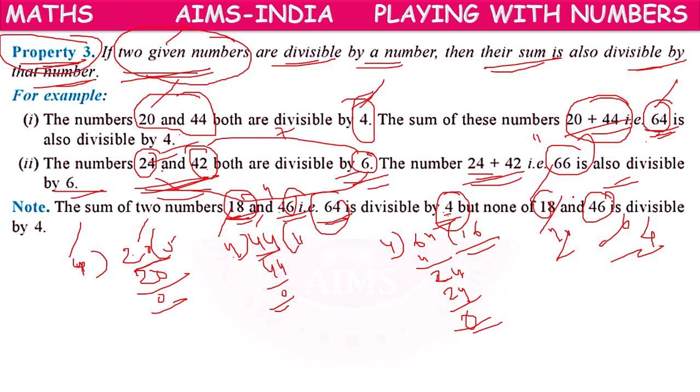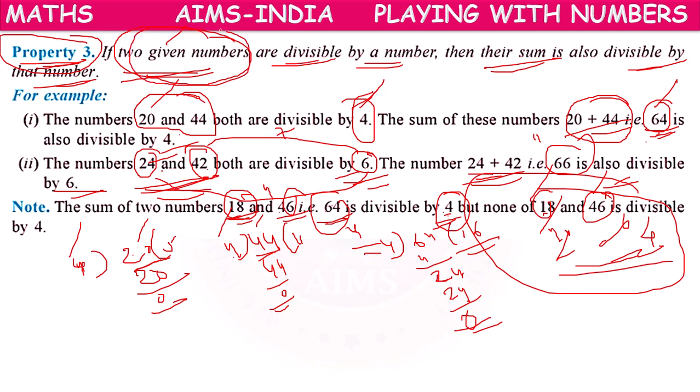Okay. If two numbers are divisible by 4, then the sum will be divisible by 4. That is possible. But if the sum is divisible by 4, it may not be applicable that the two numbers are divisible by 4. Try to understand, children. According to this property, if two numbers are divisible by a number, then their sum is divisible by that number.